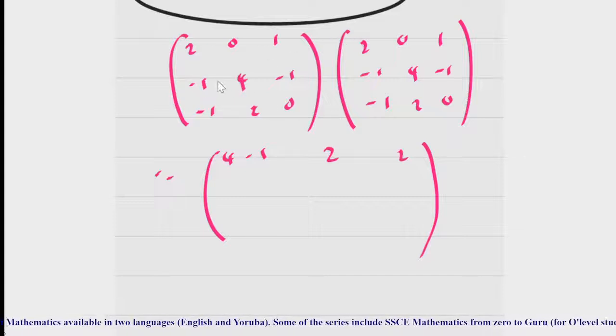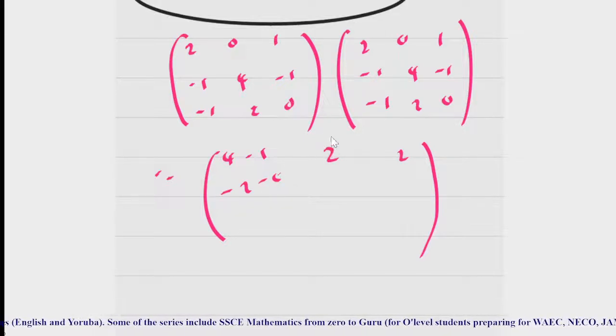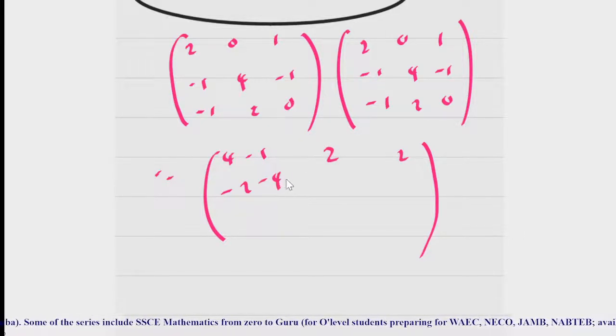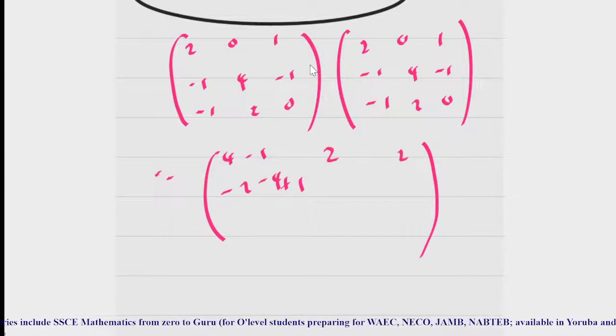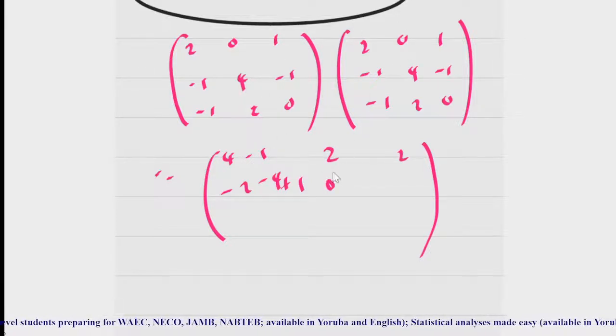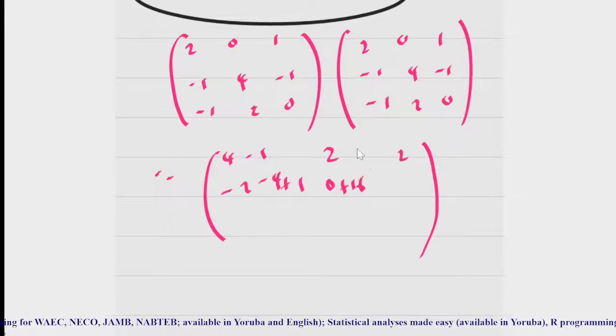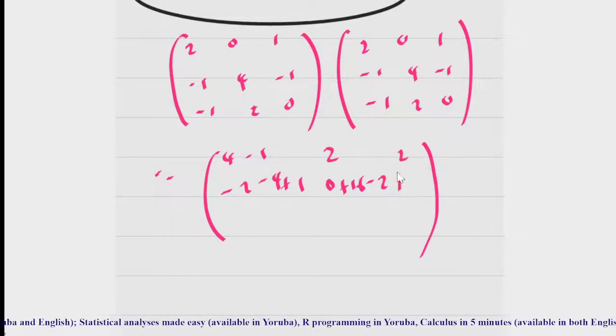Okay, this times this, that is minus 2, minus 4, this plus 1, because minus 2, minus 4 plus 1. Okay, and this is going to give me 0 plus 16 minus 2. And lastly, this is going to give me 1 minus 4 plus 0. Okay, let us do the third column.